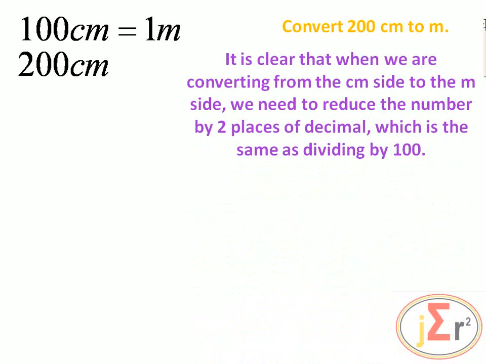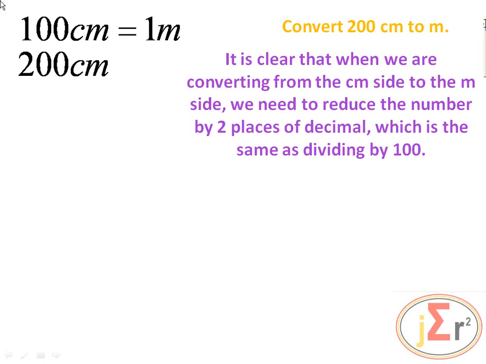It is clear that when we are converting from the centimeter side to the meter side, we need to reduce the number by 2 places of decimal, which is the same as dividing by 100. What do we do? Dividing by 100.